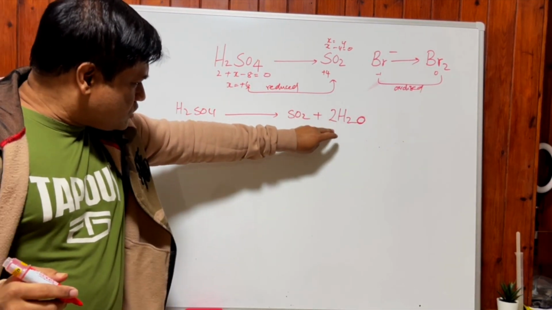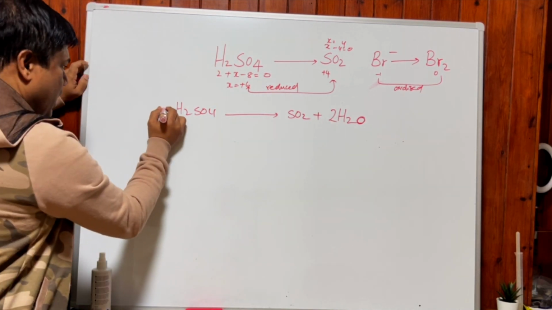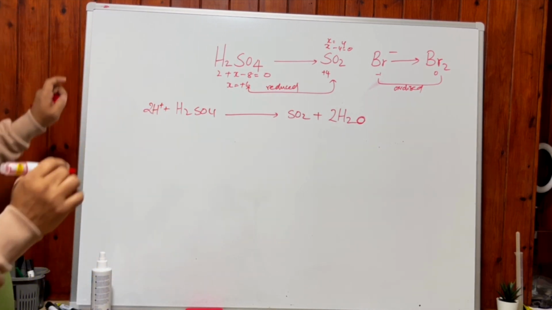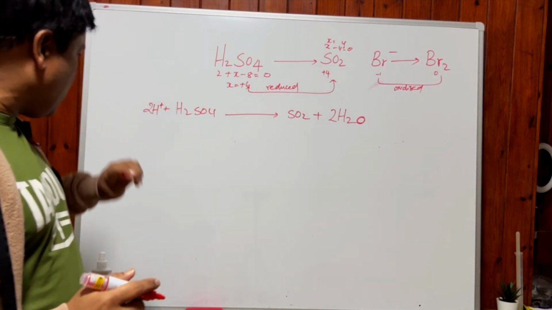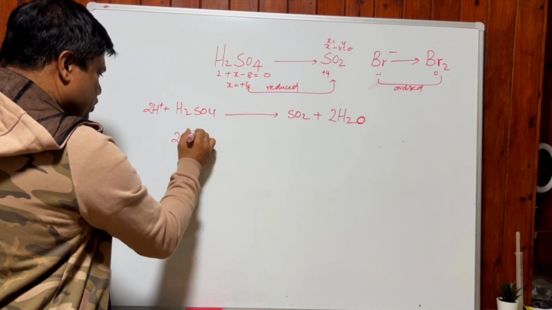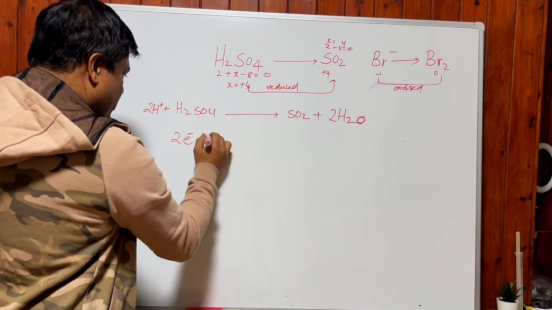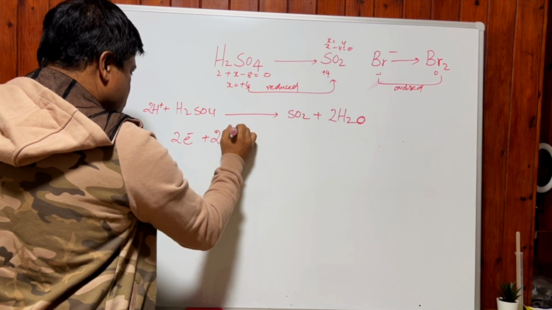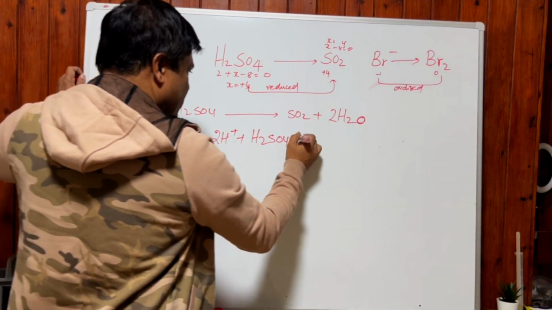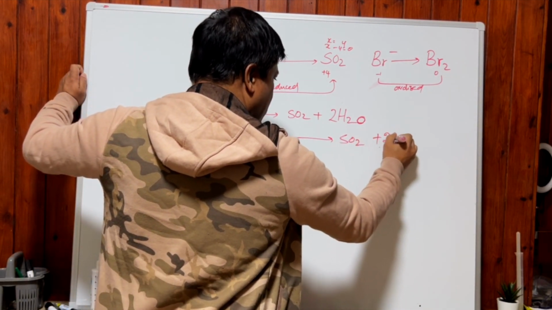How many hydrogen on that side? 4 hydrogen and 2 here. So add 2H plus. Hydrogens are always balanced by using protons or H plus ions. So I have to add 2 electrons here, because to cancel 2 positive charge, I have to add 2 electrons. 2 electrons plus 2 H plus plus H2SO4 sulfuric acid becomes sulfur dioxide plus water.